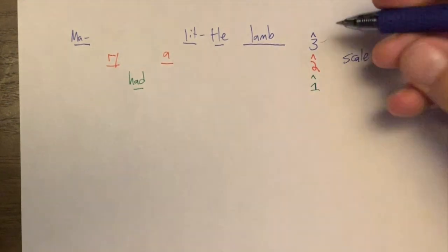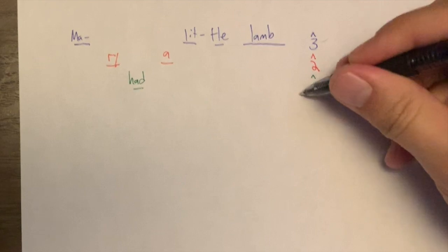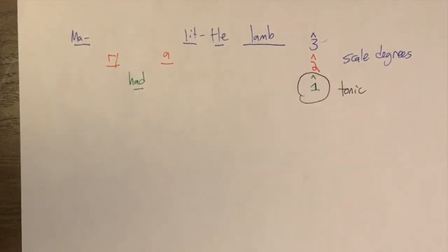There's something special about the lowest number, number 1. Number 1 is what we call the tonic. And the tonic in a scale is the central note. It's kind of the gravitational center of the whole key. Everything relates back to it.